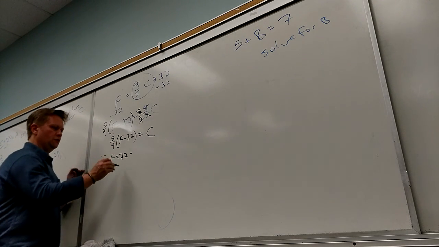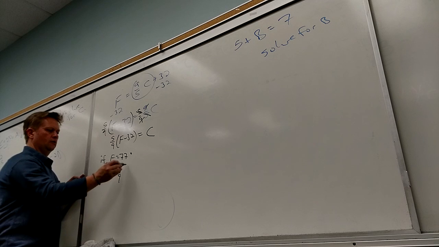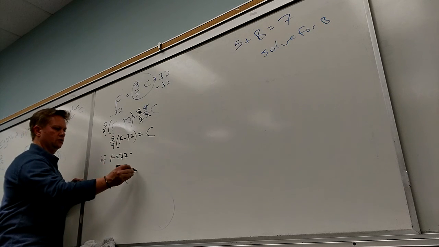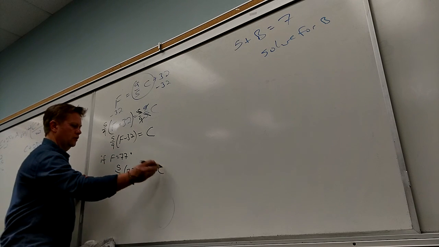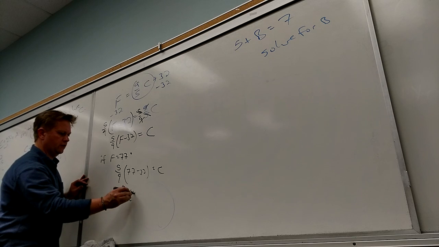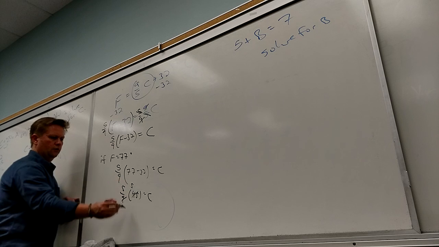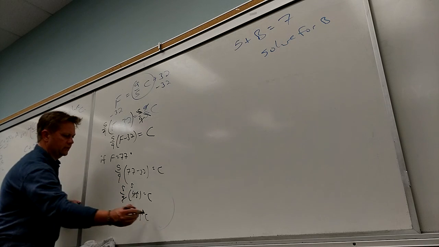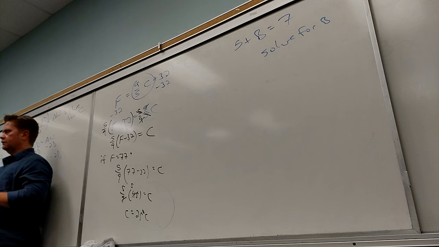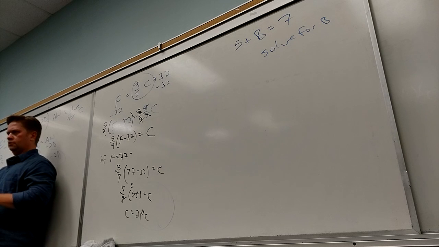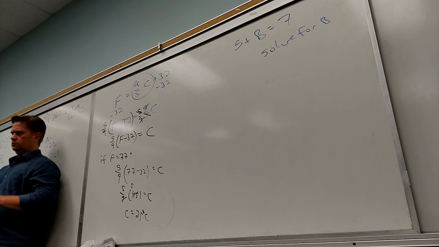So if you throw a 77 in, 77 minus 32 is what? 45. And what's nice about 45? 9 goes into 45. So 25 degrees Celsius would be a 77 degree day here, right? Okay.